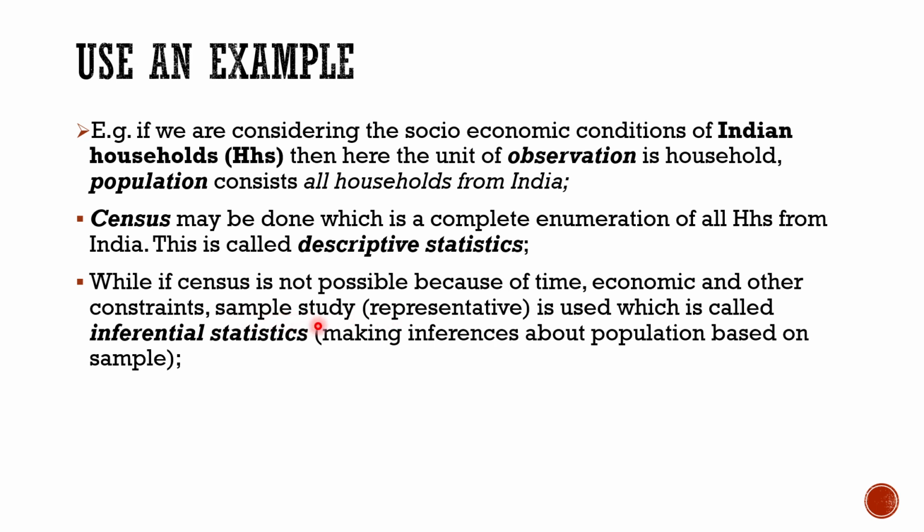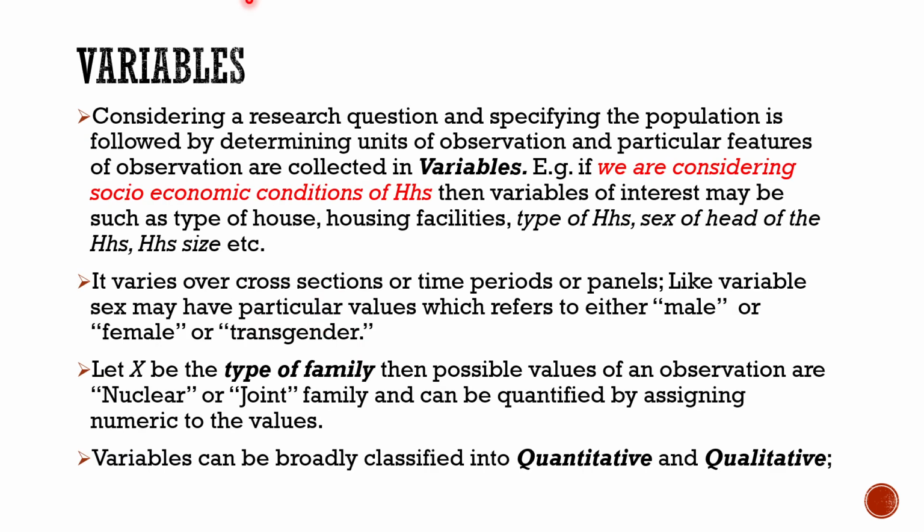How we actually take an unbiased sample from population. Now what actually variables are: if we consider a research question and we specify the population, it is followed by determining units of observation, and particular features of observations are collected in variables.